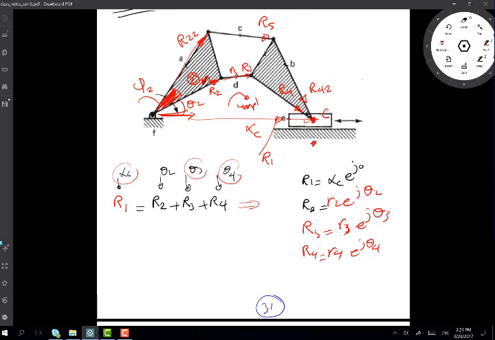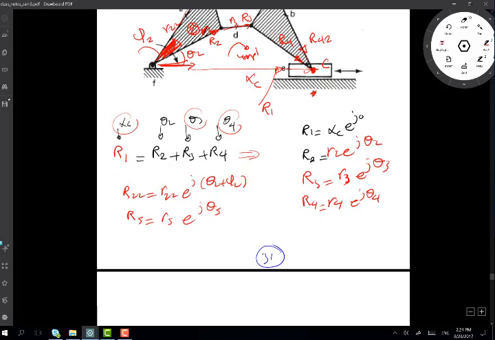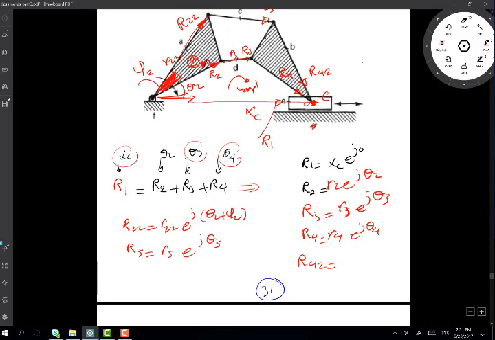All right, so let's look at the second loop. The second loop will have R22. So we can say R22 is equal to little r22 constant e^(j(θ2+φ2)), because that's a constant angle that doesn't change. And then I have R5, which is r5 e^(jθ5). And I have R42, which is equal to some distance here. This is R42.